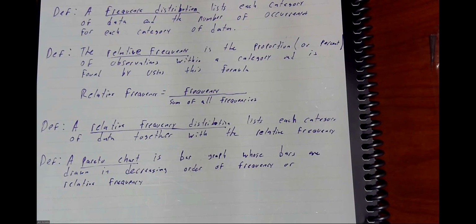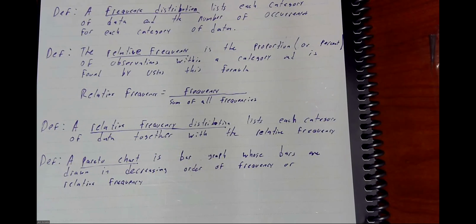Question 3 is about Pareto, so I'm going to move on. We said Pareto are just bar graphs, right? It starts with the highest one and then decreases. So which one should it be? Assuming you guys have the same questions, number 3, what do you think?